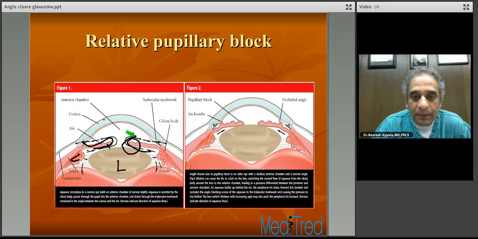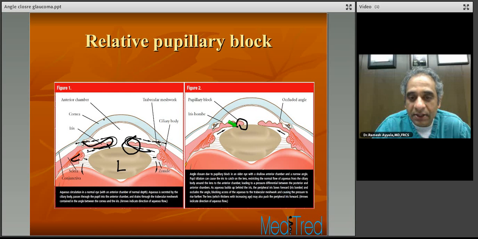If there is a block in doing so, as is seen in this schematic here, the iris, the pupillary edge in this case is flat against the lens, underlying lens, and this typically happens or is most likely to happen in a mid-dilated pupil, about 5 to 6 millimeters. Then the aqueous cannot access the anterior chamber.